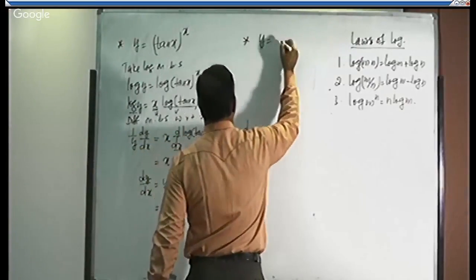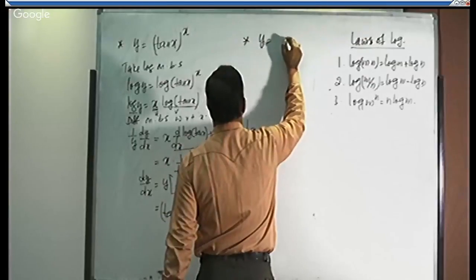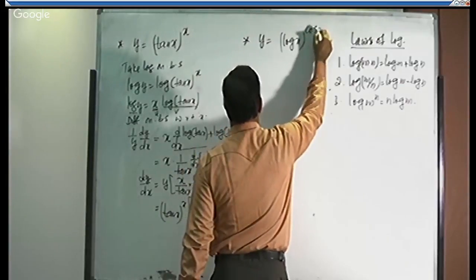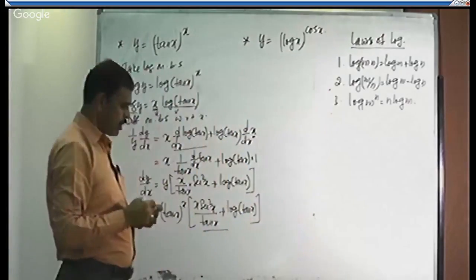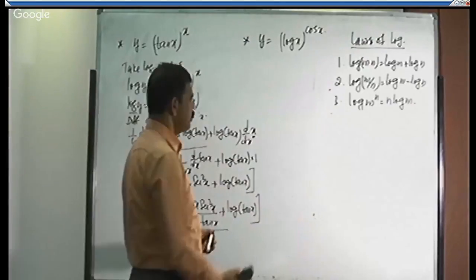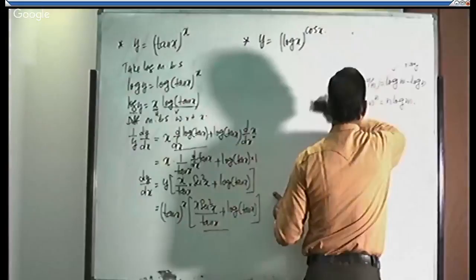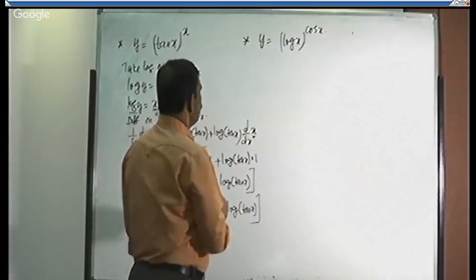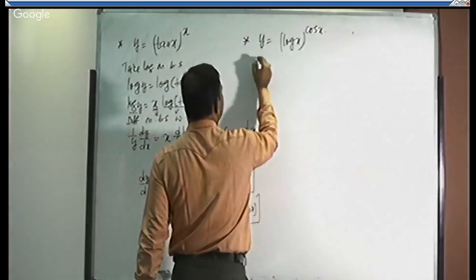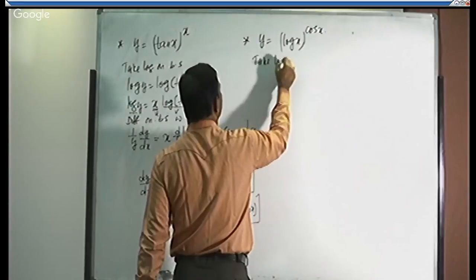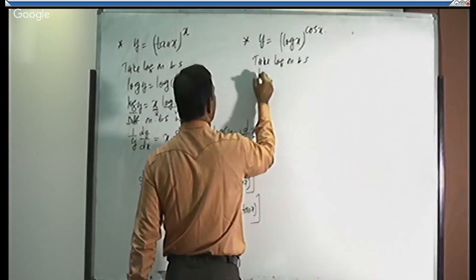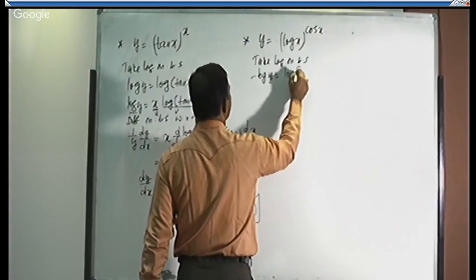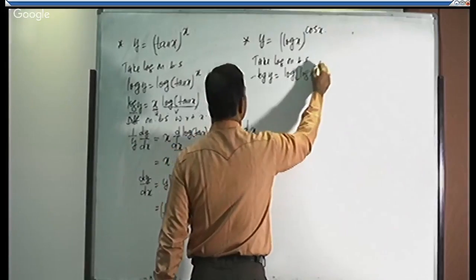y is equal to log x to the power of cos x. So function to the power of function: take log on both sides, that is log y is equal to log x to the power of cos x.